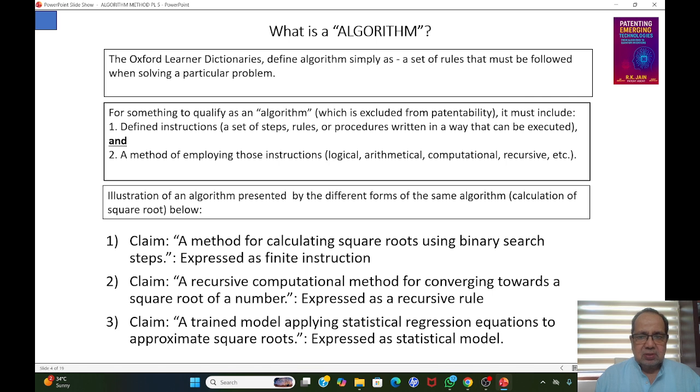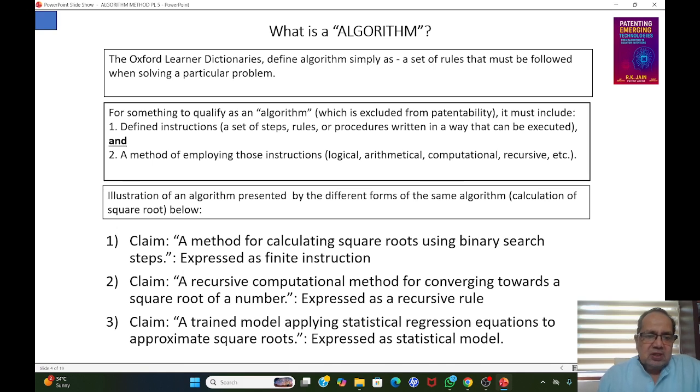What is an algorithm? The ordinary dictionary definition is that an algorithm is simply a set of rules that must be followed when solving a particular problem. But with respect to patentability, there are two conditions for any statements to qualify as an algorithm.